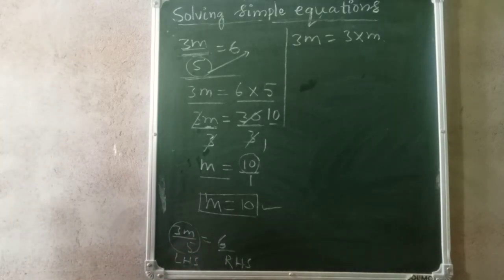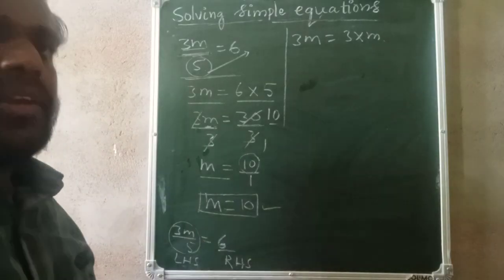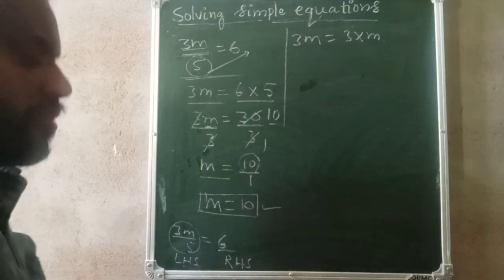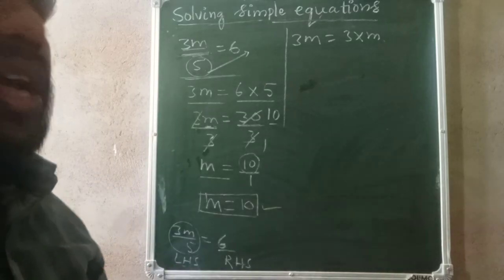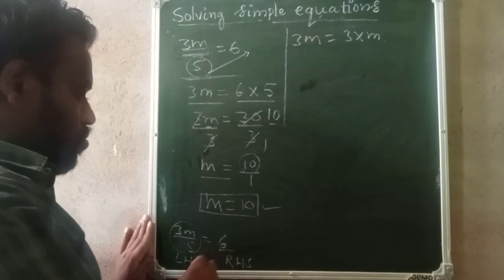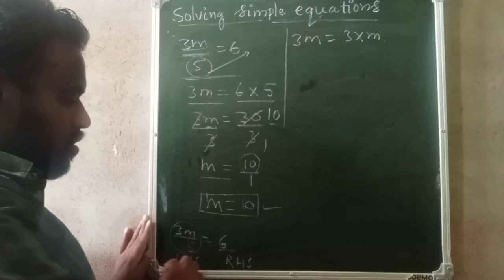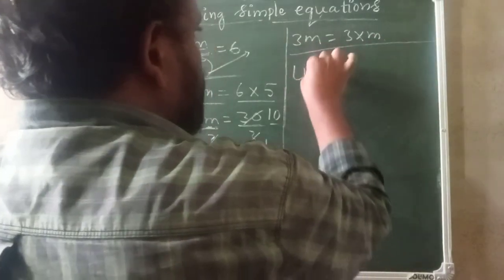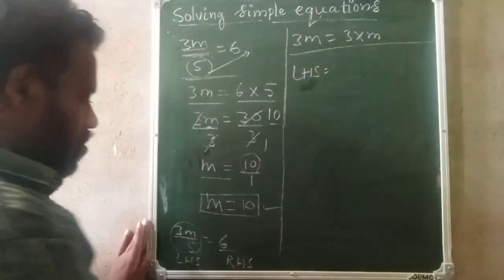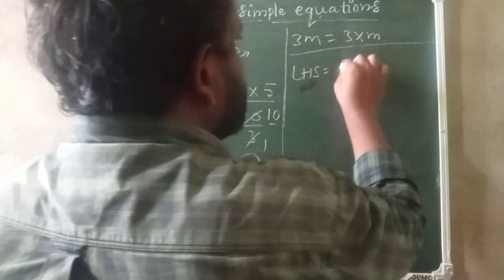Before the equal sign, whatever is there, that is LHS. Now see on which side the variable m is present. On LHS side. LHS means left hand side. So because this m is present on LHS, take LHS. So LHS is equal to, this complete thing is the LHS, 3m by 5.